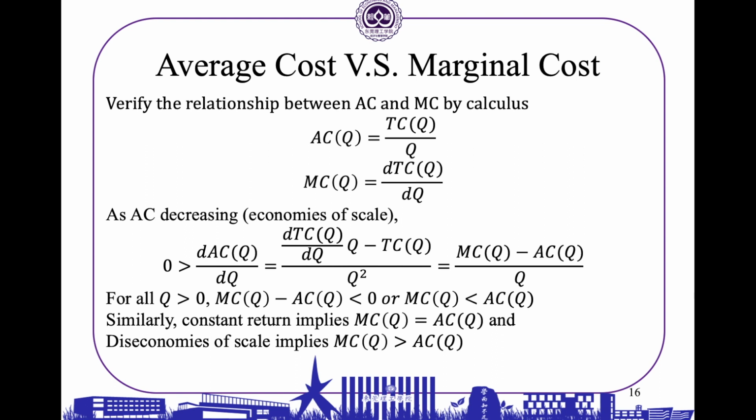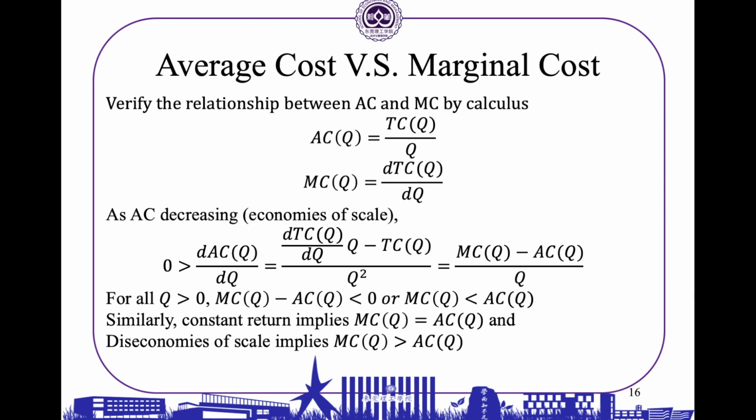We can verify this result by calculus. We write the marginal cost as the derivative of total cost with respect to output. When AC decreases, the slope of average cost is negative, which means the derivative of average cost is smaller than 0.